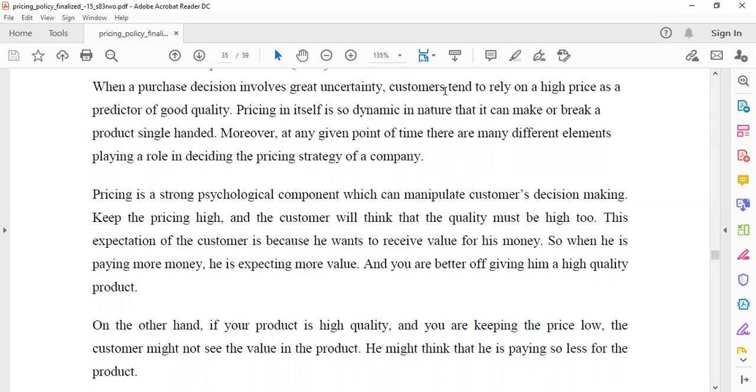On the reverse, if the product is sold at a high price and the product is not of good quality, obviously a repurchase may not happen because customers are rational. They want to spend their money on things that they have value for.